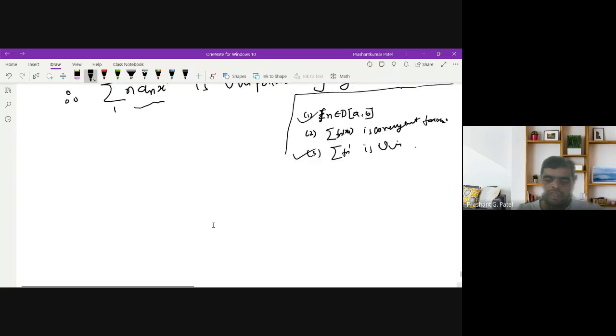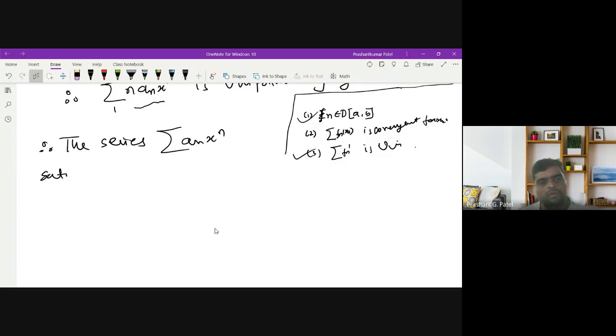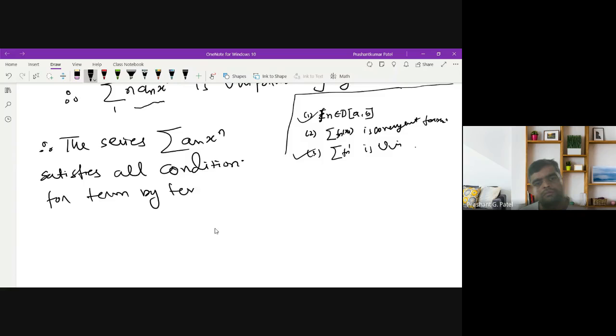So we can say that the series summation an x raised to n satisfies all the conditions for term by term differentiation.